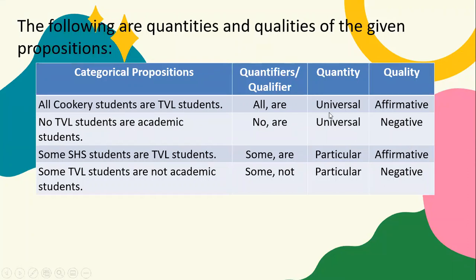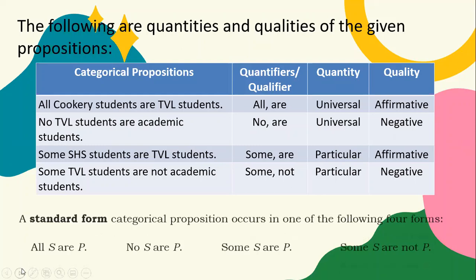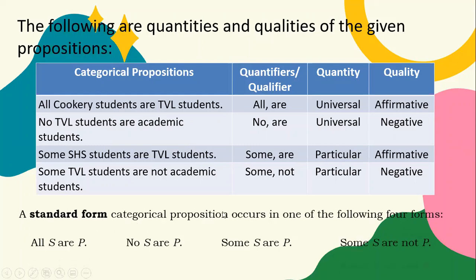So they are universal, and the first one is affirmative and the second is negative because of no. While the third and fourth use some, meaning they are particular; are is again affirmative, and are not is negative. So we have summarized here how to classify the quantifiers, the qualifiers, and the quantity and quality of the given categorical propositions.